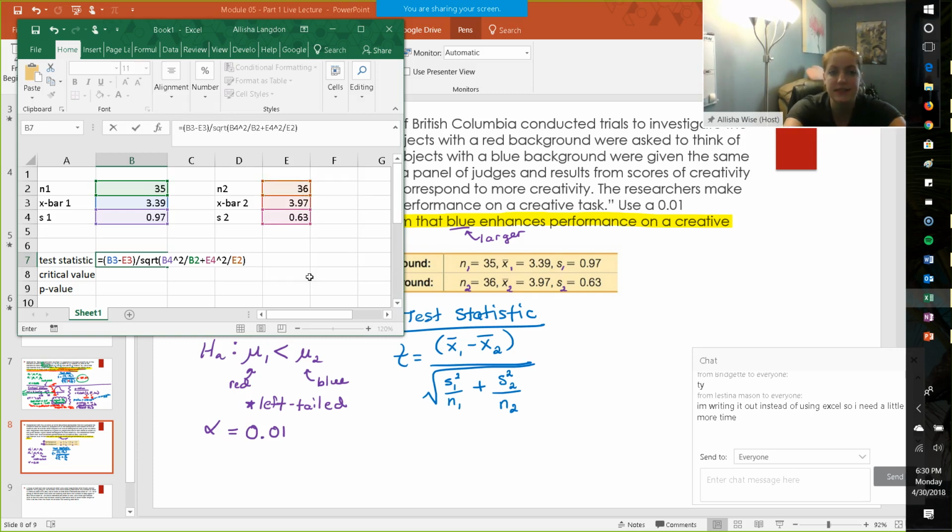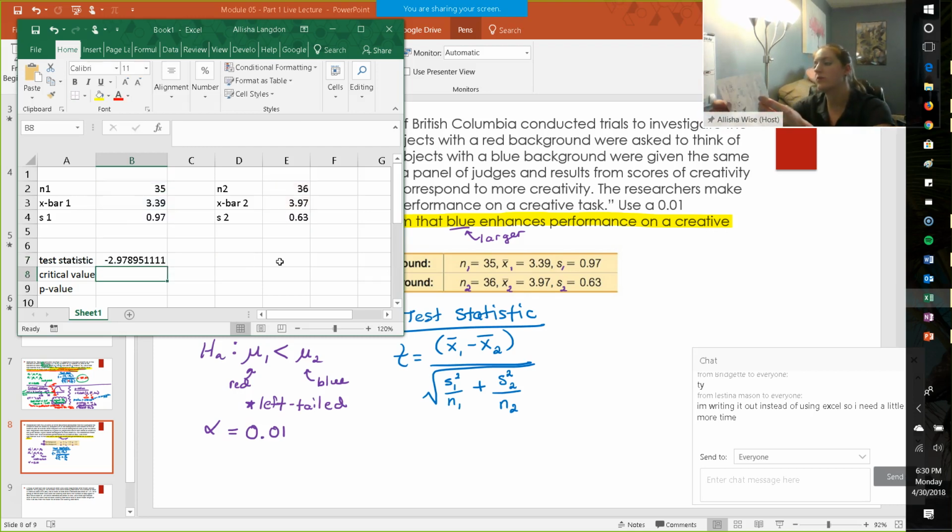Okay, close parentheses. So we've got our numerator, our x bars, our sample means being subtracted, square root, squaring our sample standard deviation, dividing it by the sample size, adding that to our other bit. Hit enter.